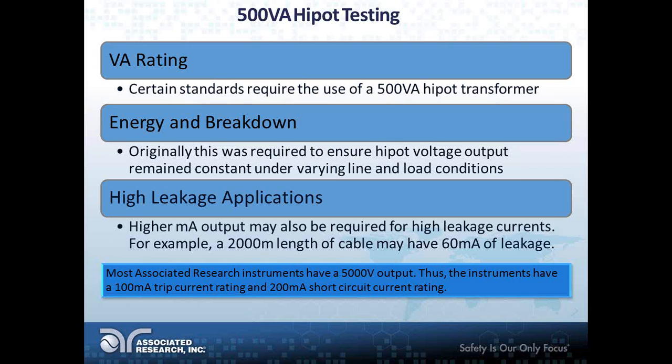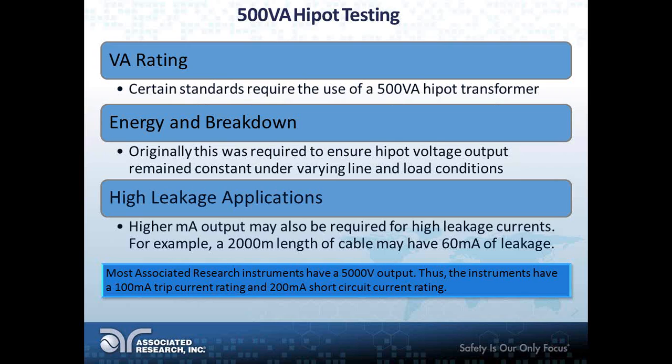In this case, a 500 VA transformer or a 500 VA Hipot tester would be the right choice, because your device's leakage current is pretty high. So you want to make sure you have a Hipot tester capable of measuring that high a leakage current, which usually are your 500 VA transformers or Hipot testers.